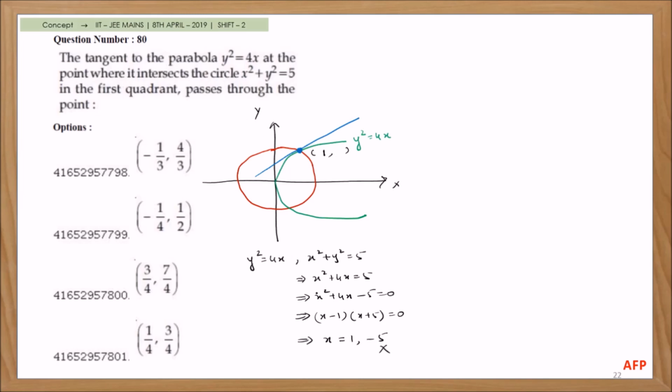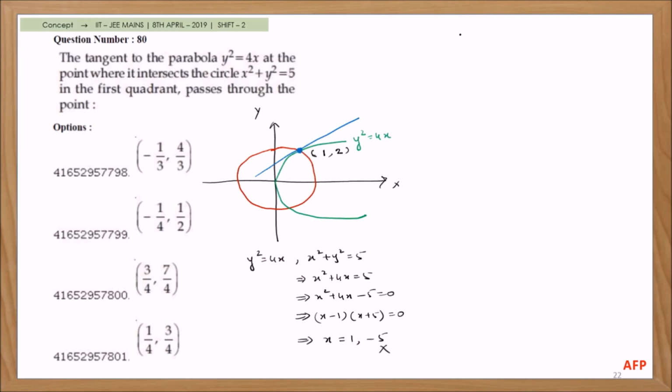When you substitute the x value in this, what are you getting? You are getting 2. Okay, if you substitute the x value in this equation, you get the y value, that is (1, 2), the point where the circle and parabola intersect each other. So you have to find the tangent to the parabola at the intersection point.